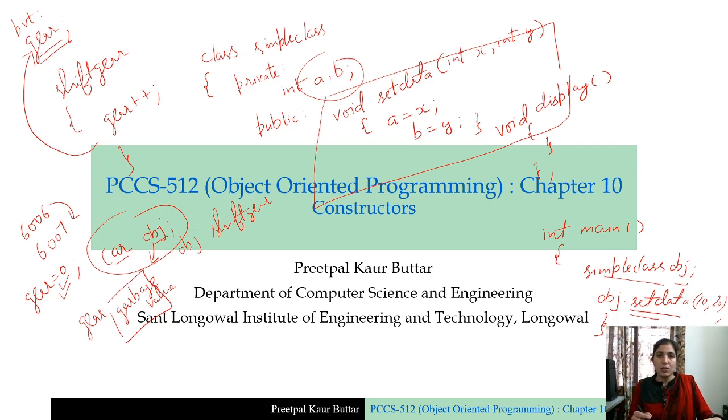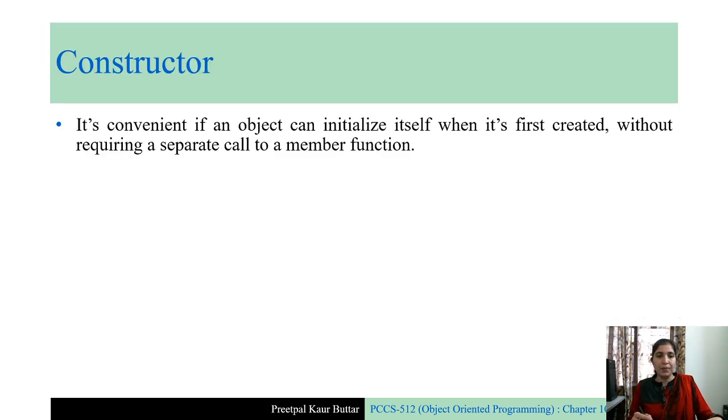Now let's move forward. As I already told you, it is convenient if an object can initialize itself when it is first created, without requiring a separate call to the member function. We do not want to explicitly initialize the object data members. We want them to be initialized automatically, as in the car example.